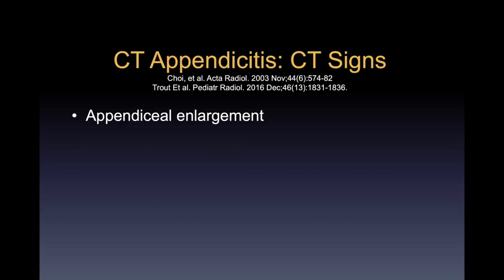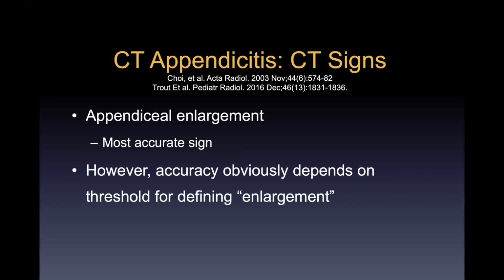Really, it's actually just appendiceal enlargement. It is the most accurate sign, but accuracy is obviously going to depend on whatever we set our threshold at for defining enlargement, and this is a little bit debatable. There's obviously this number of 6 millimeters out there.